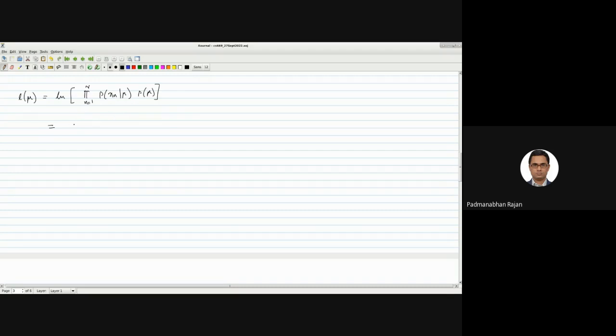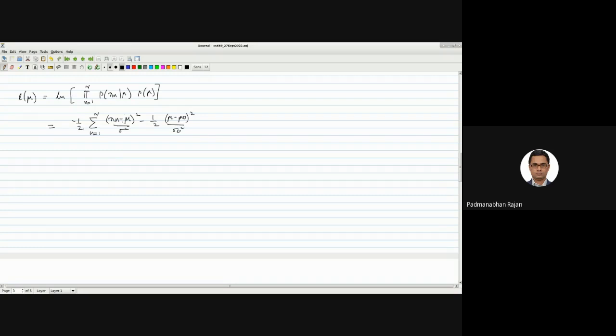I'm just writing out the likelihood: minus half, summation n equals 1 to n, of (xn minus mu) by sigma, the whole square, minus half (mu minus mu naught) by sigma naught, the whole square.